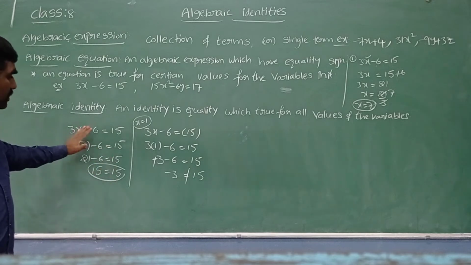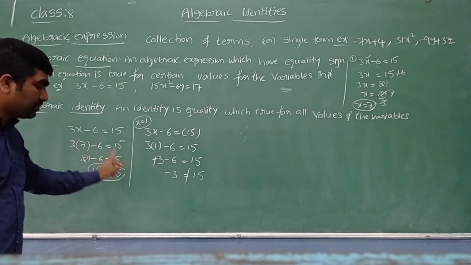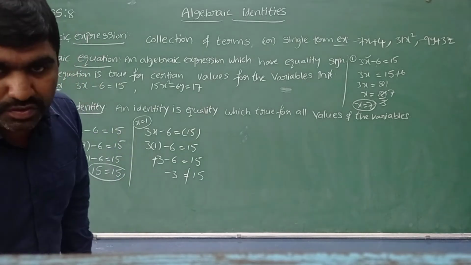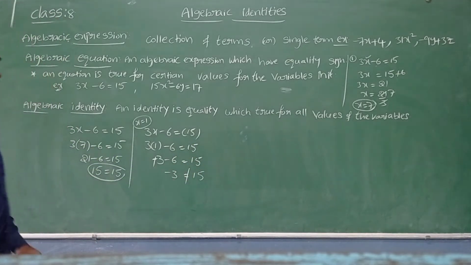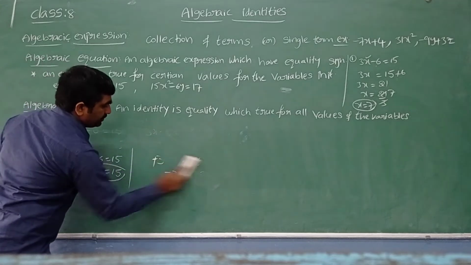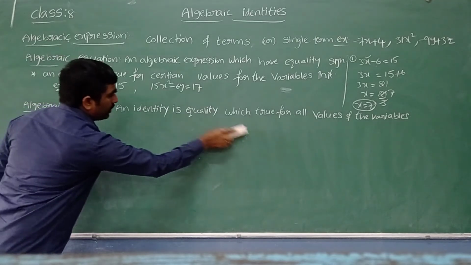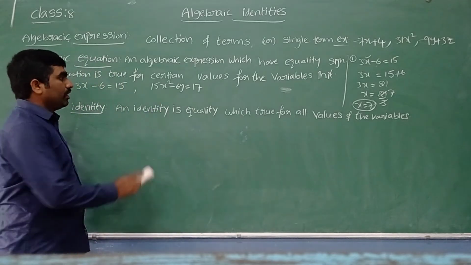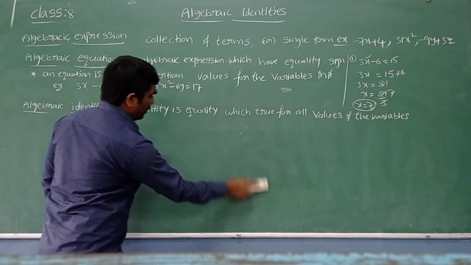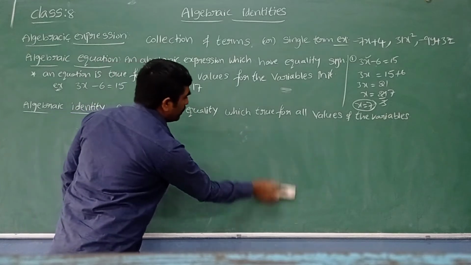It gives LHS and RHS equal only for some particular values, not all the values. That is the meaning of an equation. Now let's see about algebraic identity. Even here, it will not be true for all the values, only for some particular values it is true.